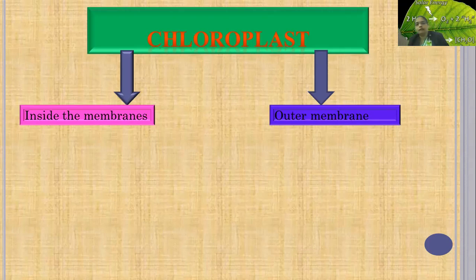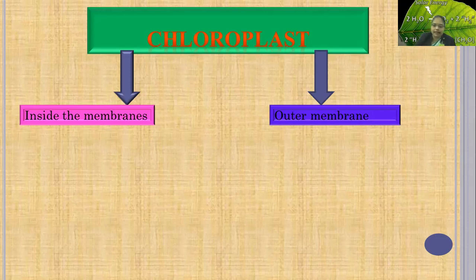So the first point is the inner space inside the inner membrane. The inner space is filled with a dense matrix, and the dense matrix is known as stroma.